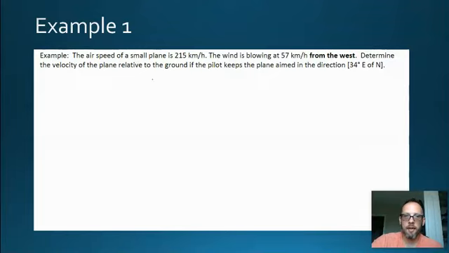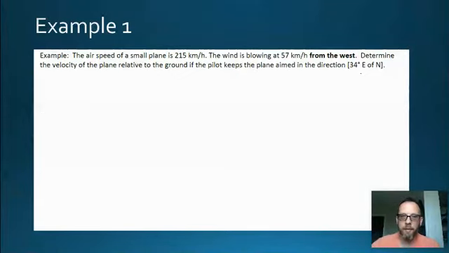We're going to determine the velocity of the plane relative to the ground if the pilot keeps the plane aimed in a certain direction. A plane can aim itself in a certain direction, but if there's wind, the wind is going to blow it off course, right? And so in this question, we're finding what that new relative velocity is, what the speed of the plane would be, and what the direction of the plane would be.